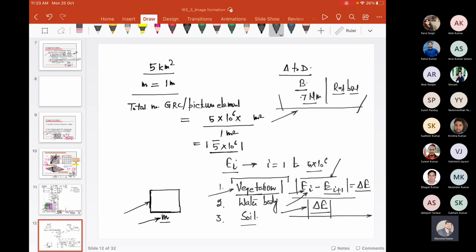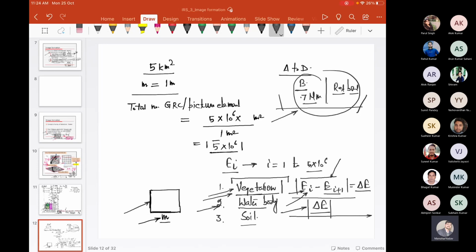Similarly, if you see the water body, okay, so water body spectral signature is different compared to vegetation in the selected spectral band, that is in the red band. Okay, so energy components from the ground resolution cells which are from the water are different compared to vegetation.